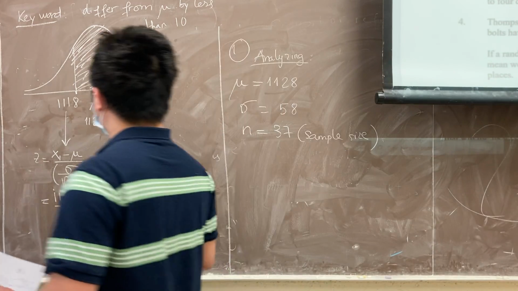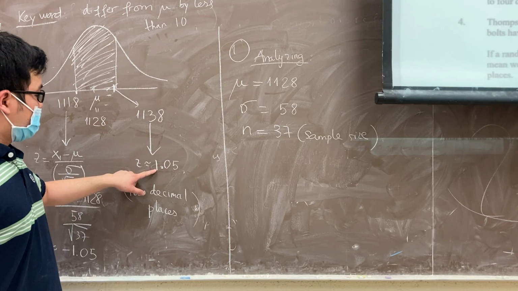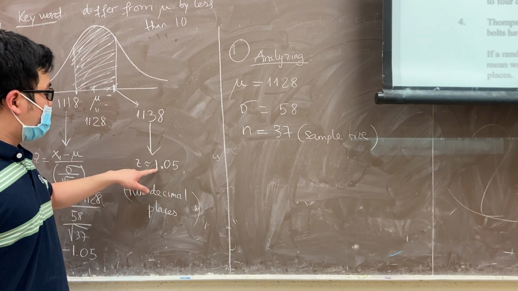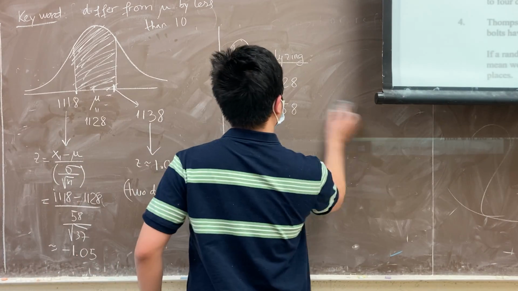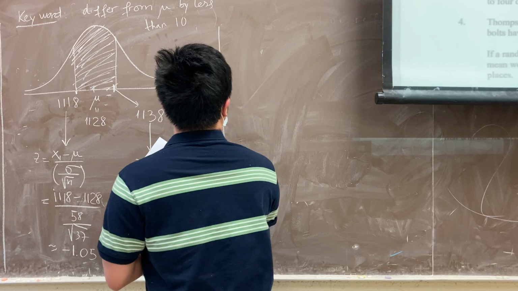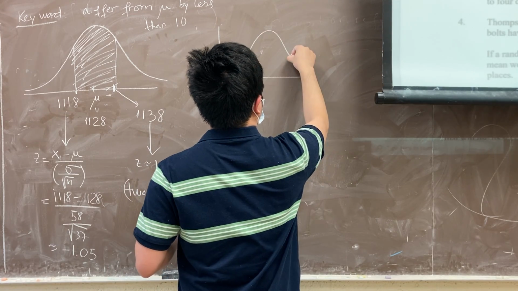And now we need to find the area from negative 1.05 to the value 1.05. So we need to find this area, and I will calculate this area first.